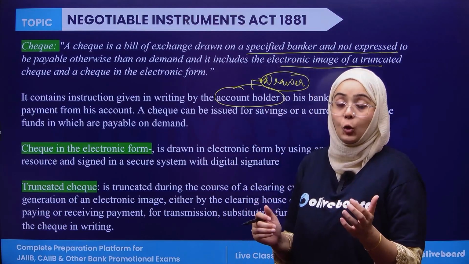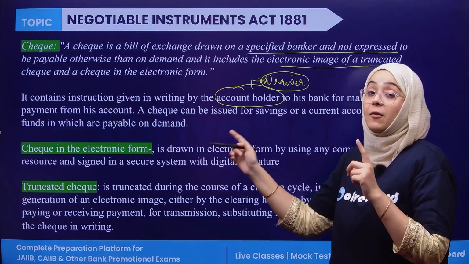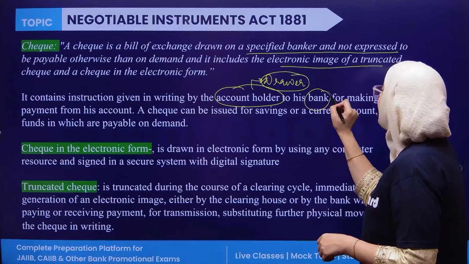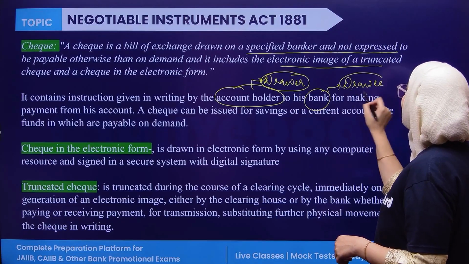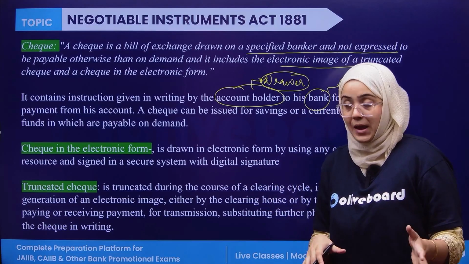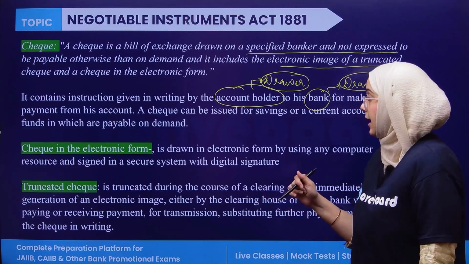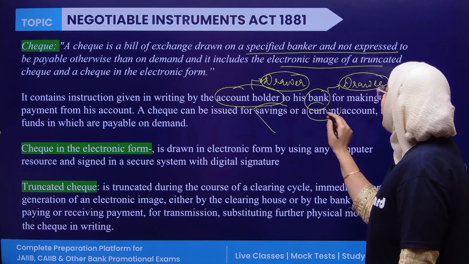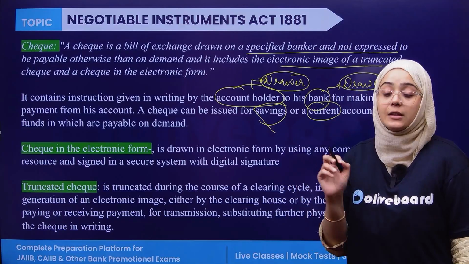So a check is a written instruction given by the account holder, who is the drawer, to his bank, who is called the drawee. The drawee is the one directed to make payment from his or her account. A check can be issued from a savings as well as a current account, and it is payable on demand.